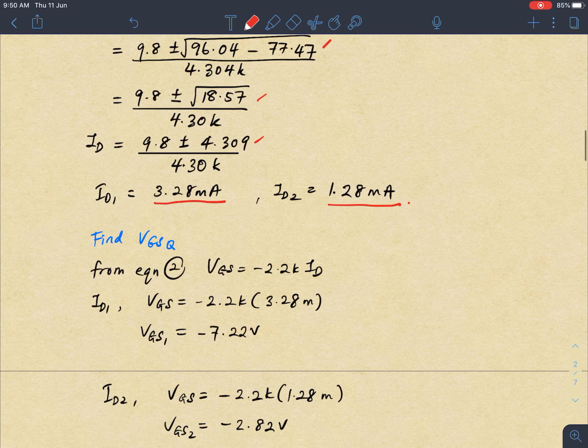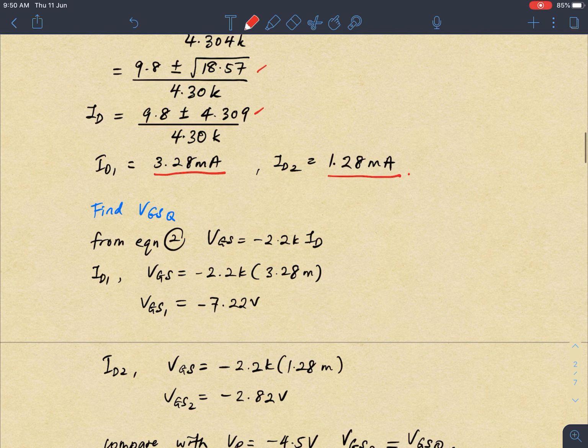Next, we have to calculate the VGS using equation number 2. Insert this ID and this ID.